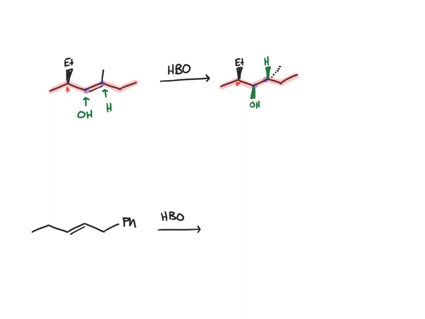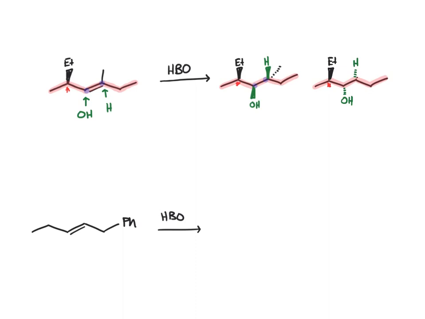Then your other stereoisomer will still have our same main chain here in red. The ethyl group, again, don't mess with it. And then we have the OH back and the hydrogen back. Those need to be syn.